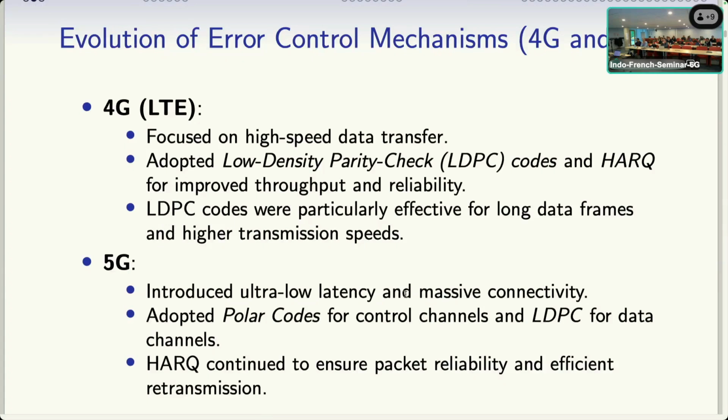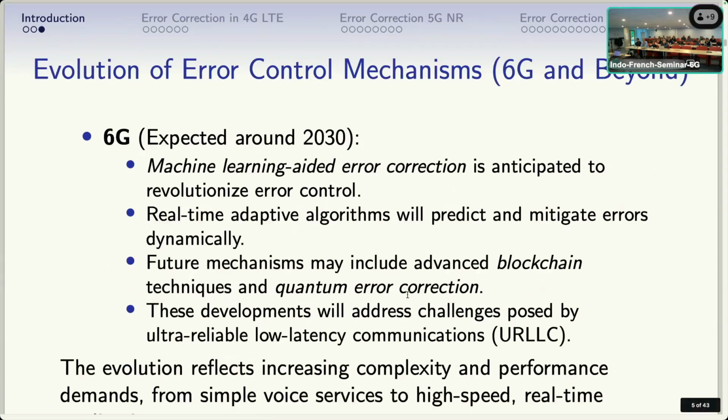And then this is what we expect. What are the things that could be there in the sixth generation? Because the requirements are so demanding, all these things have to be in place to achieve them. First, we see that an ML-aided error correction scheme would be there.